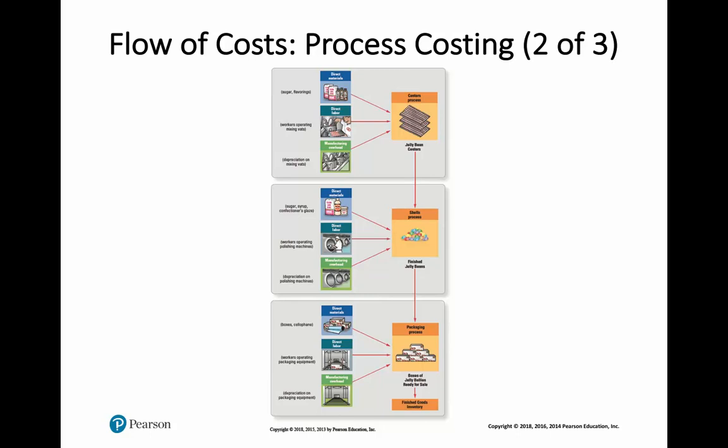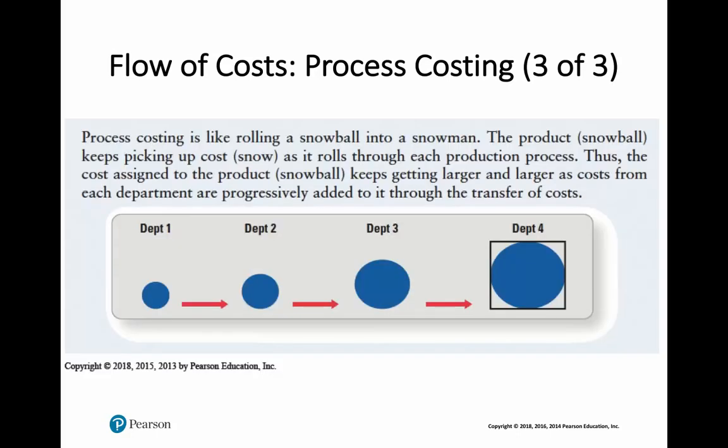So those centers and all the costs move to the shell processing stage. And again, materials, labor, and overhead is added. Then we have a shelled jelly bean or a batch of shelled jelly beans. And then all of those costs move down to the packaging process, at which point we add additional material, labor, and manufacturing overhead until we have our finished good, which is a package of jelly beans packaged up and ready to be sold to our customers.